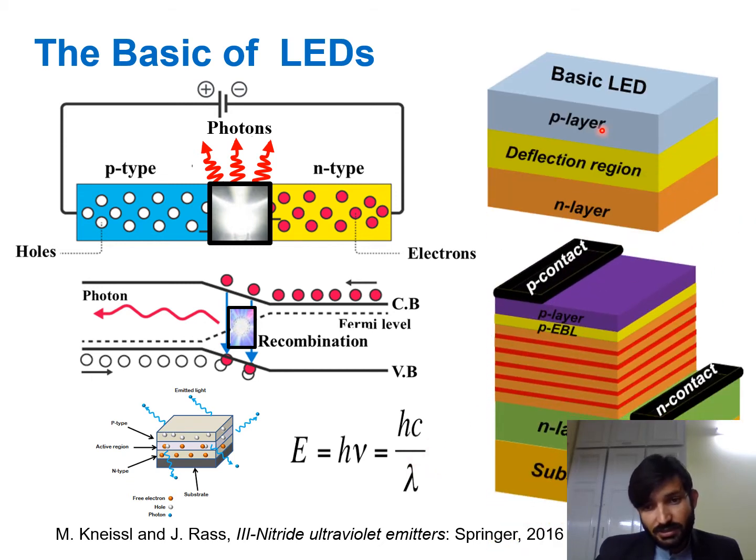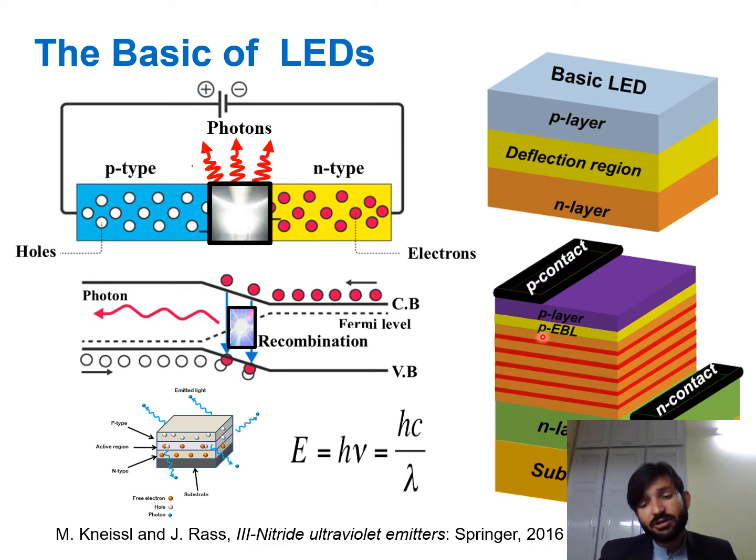This one is the basic sketch of light emitting diodes, while this one is the modern or complicated schematic of light emitting diodes. In the modern schematic, an electron blocking layer and an engineered depletion region are introduced.